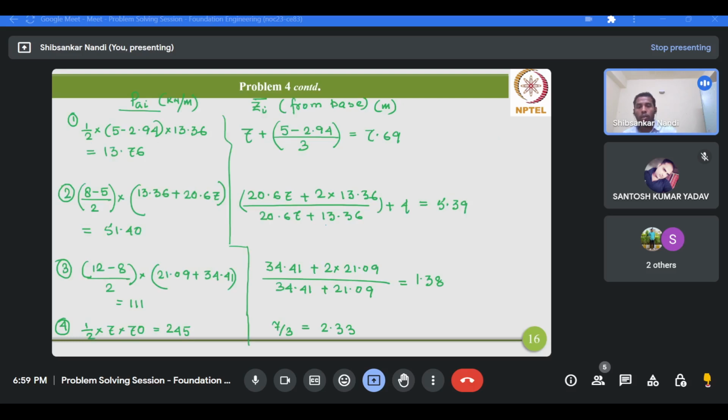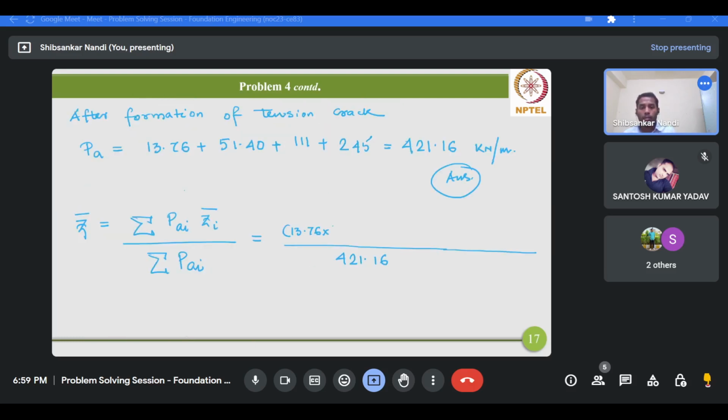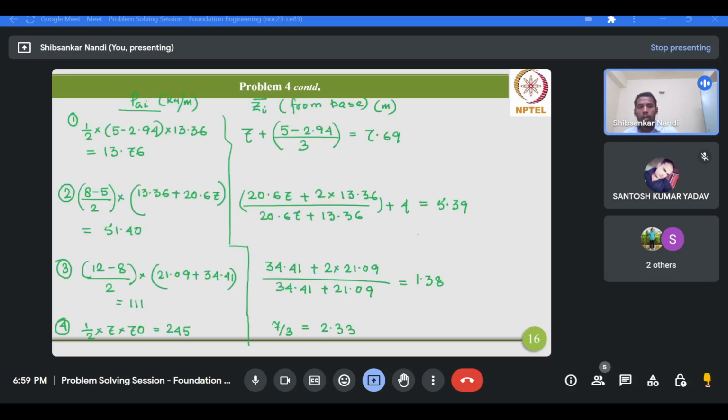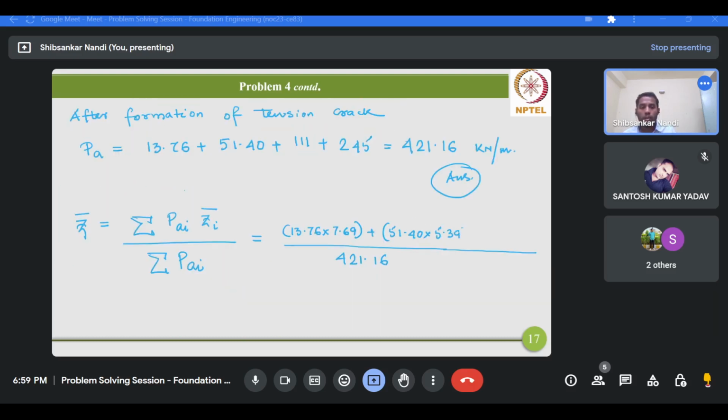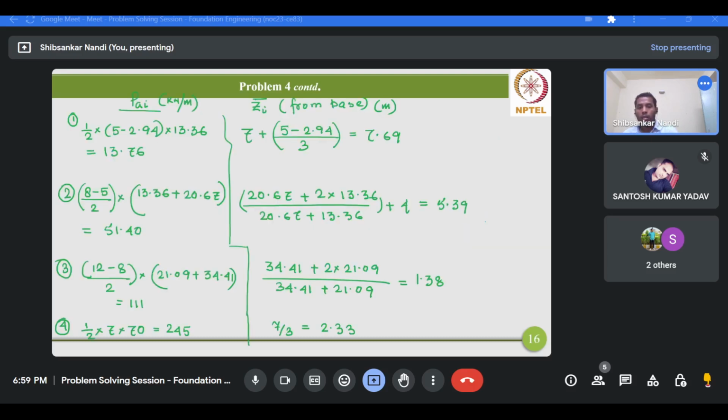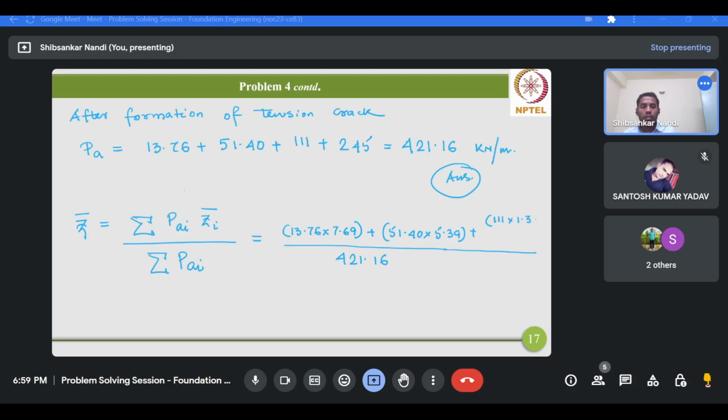13.76 multiplied by the corresponding Zi bar, that is 7.69, plus 51.40 multiplied by 5.39, plus 111 multiplied by 1.38, plus 245 multiplied by 2.62.